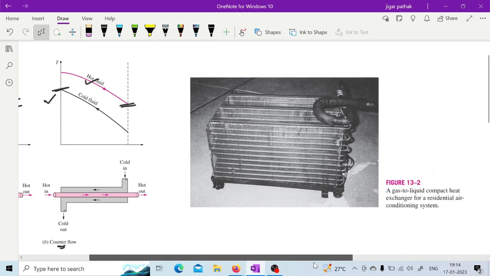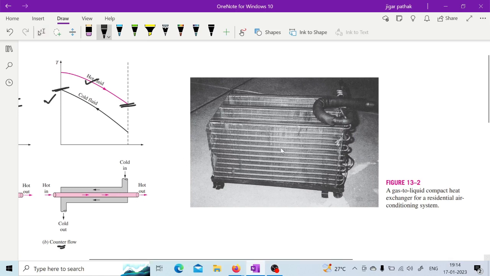Here is a gas to liquid compact heat exchanger for a residential air conditioning system. Basically, when space is not enough, you have these fins in your compact heat exchangers, right. You must have seen this in a two-wheeler's cylinder, which has fins.